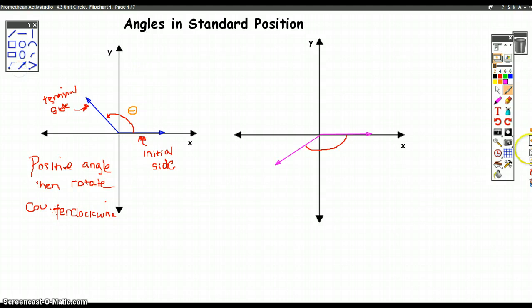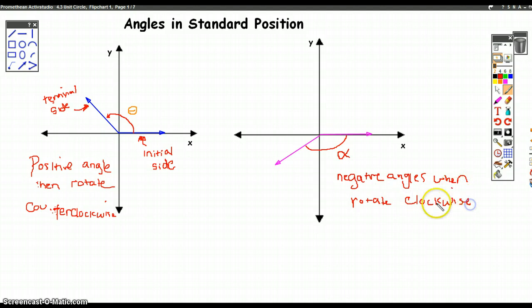We'll call it something else, the Greek letter alpha. So negative angles are when you rotate clockwise.